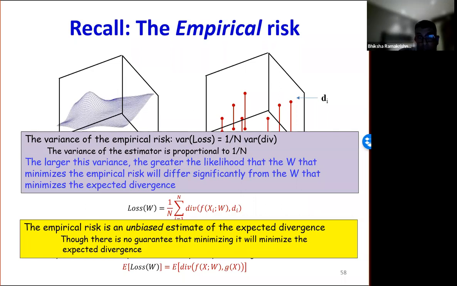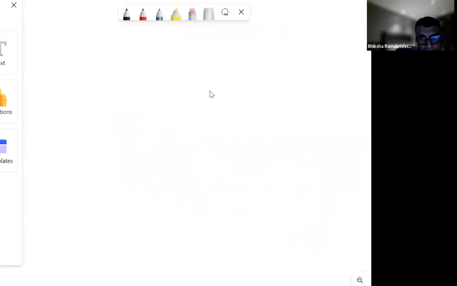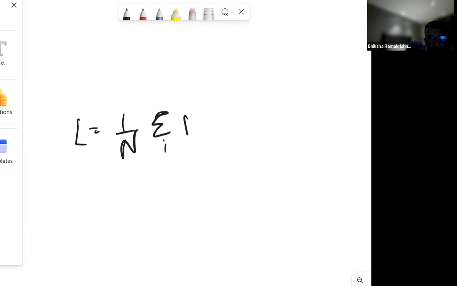But the collection of losses all of us got, they're not all the same. So that collection is going to have a variance by itself, right? And what is that variance going to be? It turns out you can actually compute that variance as well, and it's very simple. We had loss as 1 over n summation i divergence computed at xi, where xi is the training instance.